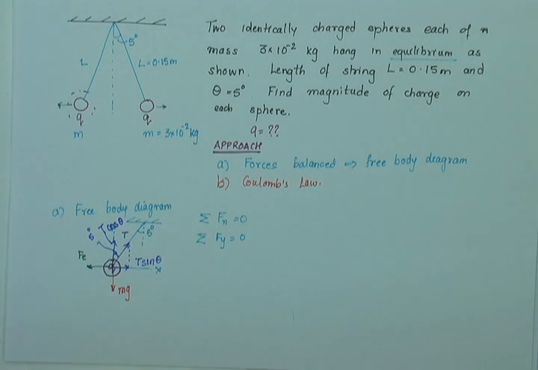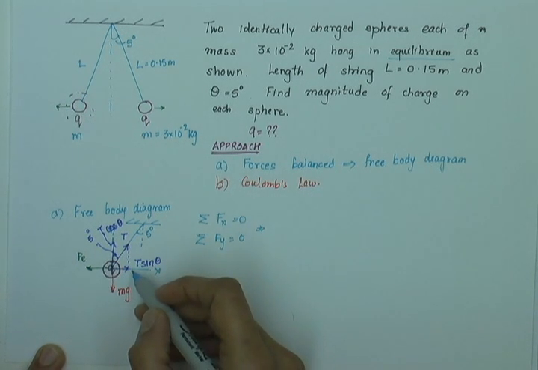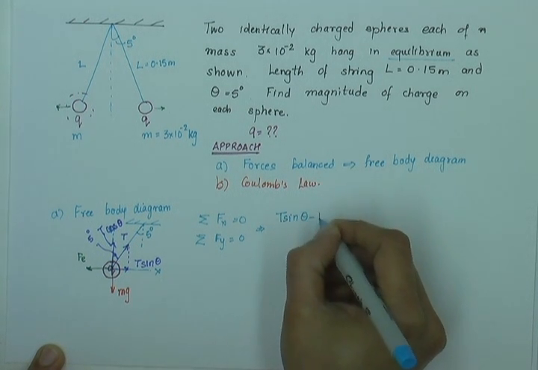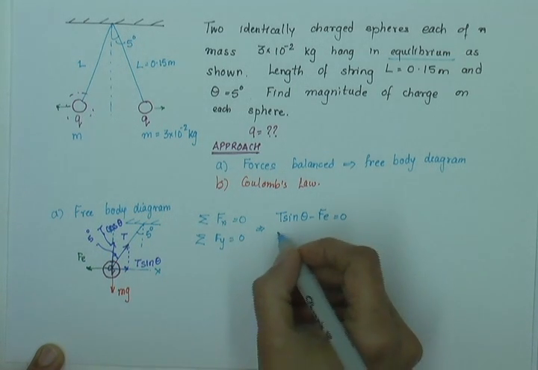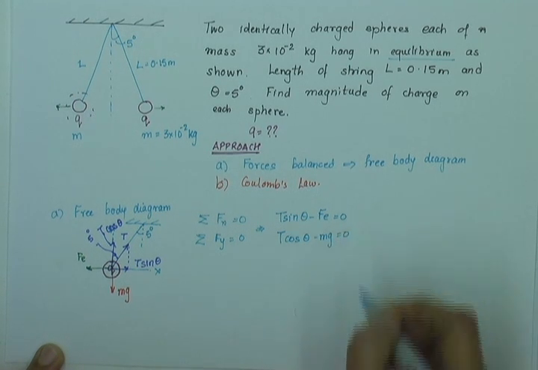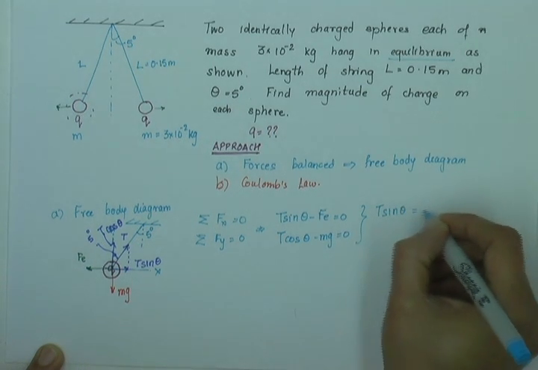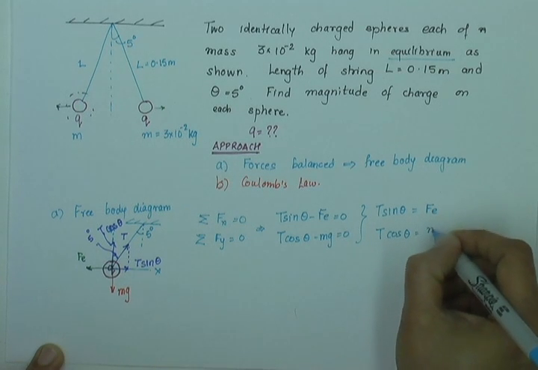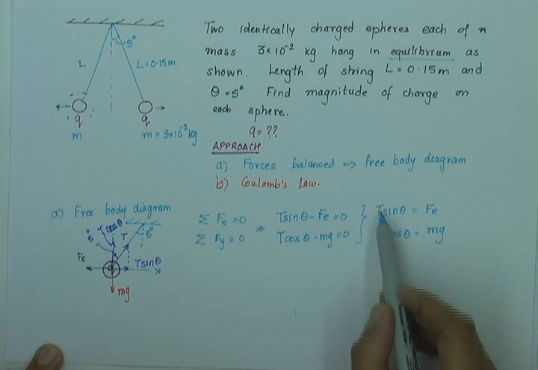And so my equation of equilibrium basically becomes, this is positive x direction, negative x direction, so I have T sine theta minus Fe is 0, positive y direction, negative y direction, T cos theta minus mg is equal to 0, and that gives me T sine theta is equal to Fe and T cos theta is equal to mg. Now m and g are known, theta is known, Fe and T are unknown.